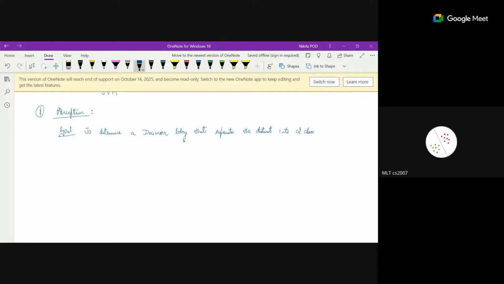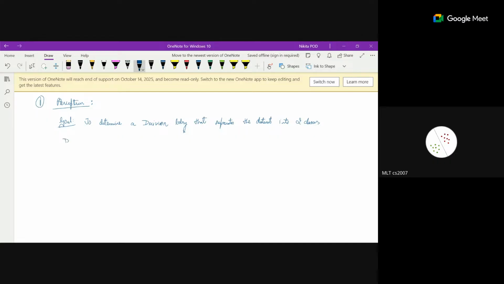So this is what we are trying to do. Now, how does the data set look? My data set is x1, y1, and so on to xn, yn, right? And here each of these xi's are in R^d and my yi belong to plus minus 1, right? We have two classes, class minus 1, class 1.